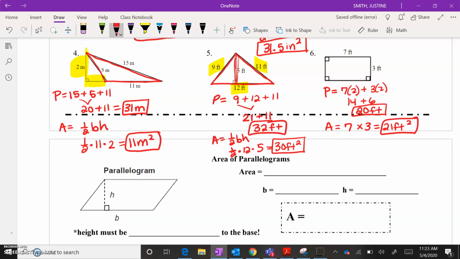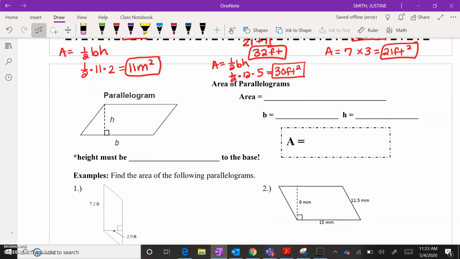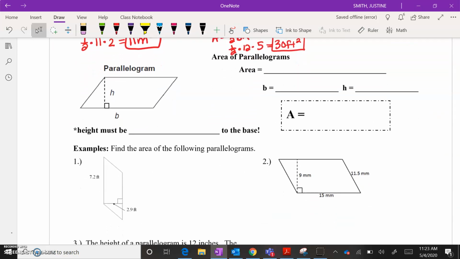Okay. So moving on to parallelograms. Parallelogram, you're just doing the area of the base times the height. So if we look at this picture off to the left here, again, your height forms that 90-degree angle with the base. And the base, again, is just the bottom.